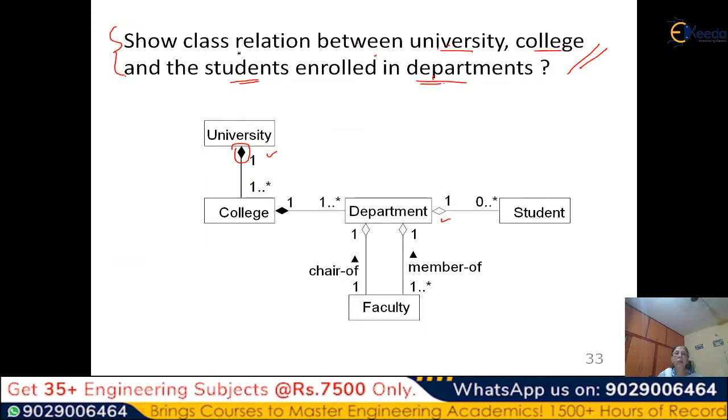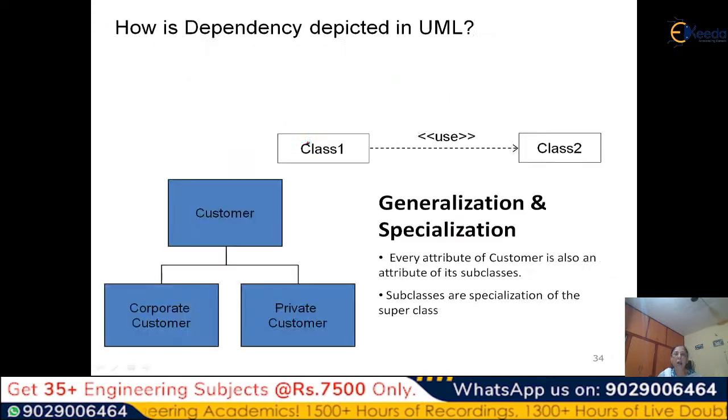So similarly, dependency. The previous one was the class relation between these. We were dealing with aggregation and composition. And now the same question may be asked about dependency. So how is dependency depicted in UML? If that question is asked, then you have to give some examples. Normally the most common example that we do in dependency is the generalization and the specialization.